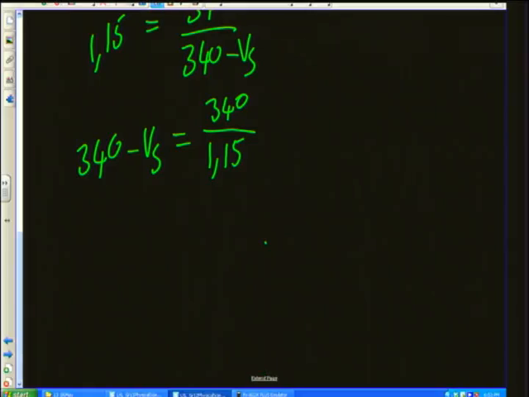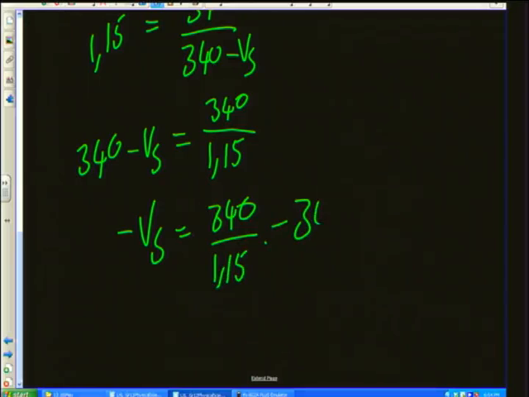So first of all, let's just get the like terms onto the same side. We can put 340 over 1,15 minus 340 on this side, and I'm going to put that all in brackets and put a minus sign outside there.